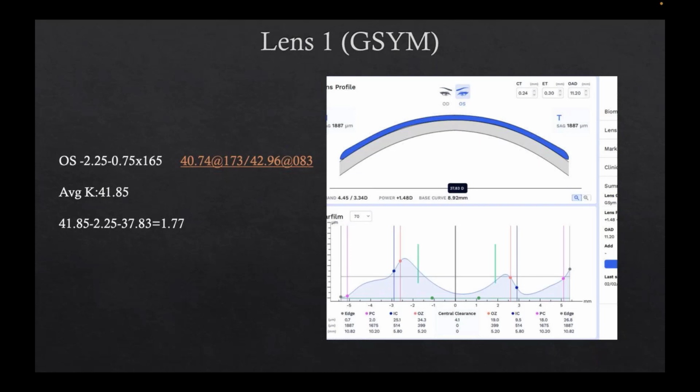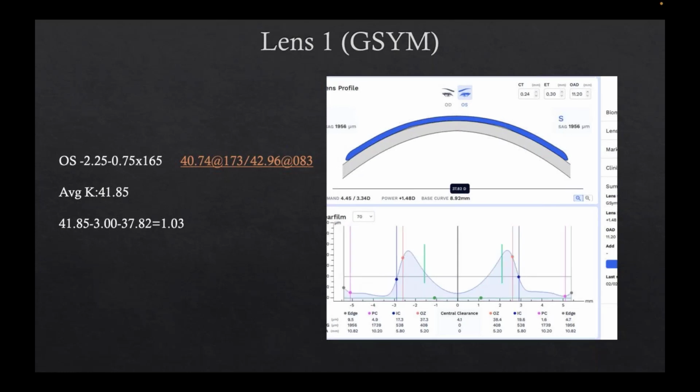So in other words, the flat meridian, the horizontal meridian, is being overcorrected by 1.77 from the average K. If we actually go through the same process in the steep meridian, because there's 3 diopters to deal with in the steep meridian, and we take that same 41.85 and we subtract out the 3, we get a 1.03 Jessen.